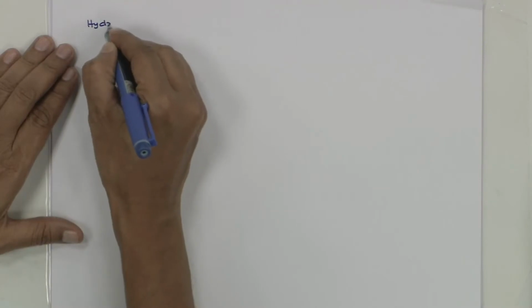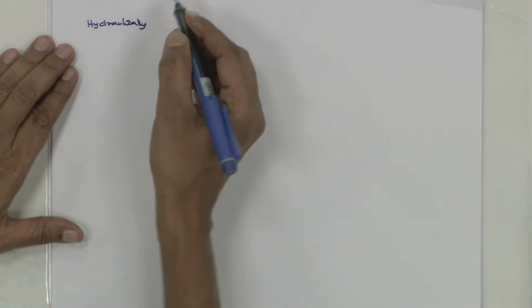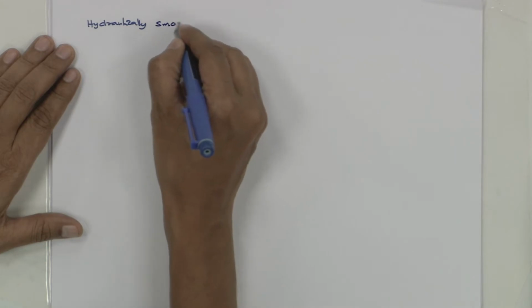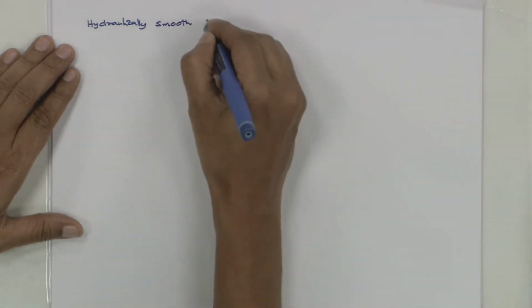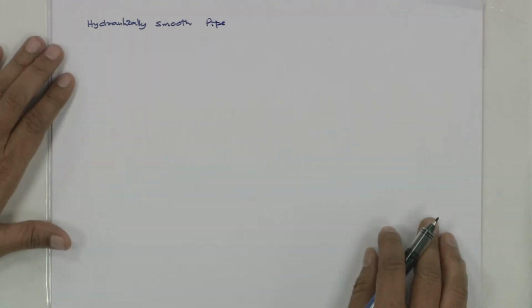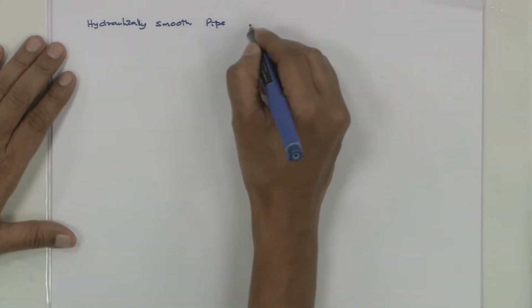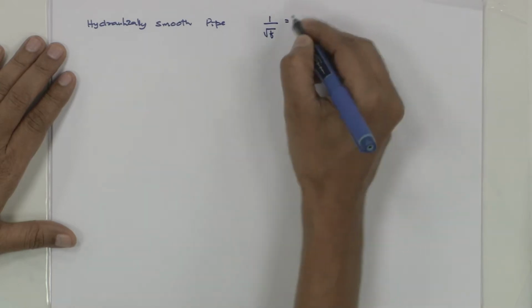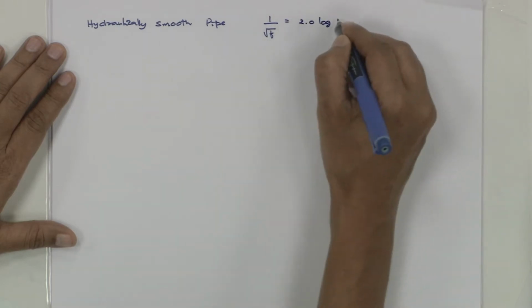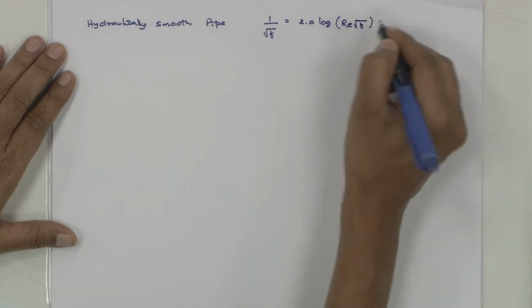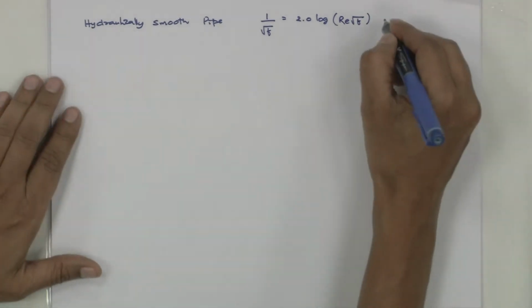Hello everyone. So in the last module we had taken up hydraulic rough pipe. If we recall, for the hydraulically smooth pipe we have found 1 by root f equal to 2 log of Re root f minus 0.8.